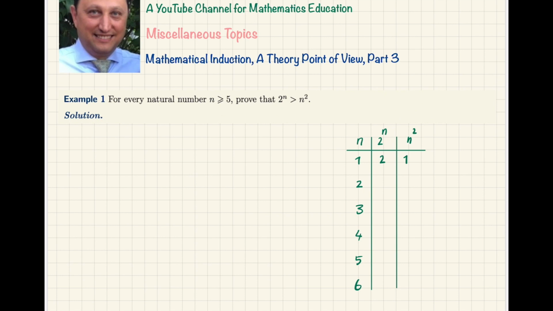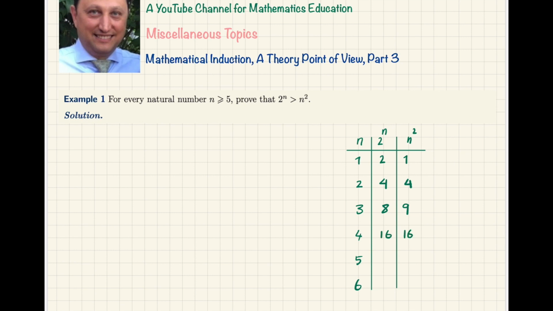When I plug 2, the left hand side becomes 4, the right hand side also becomes 4, and now you see that 4 greater than 4 is a false statement, so it doesn't work. Now I put 3, then the left hand side becomes 8, the right hand side becomes 9. Again, 8 greater than 9 is also false, and if I put 4, this becomes 16, this also becomes 16.